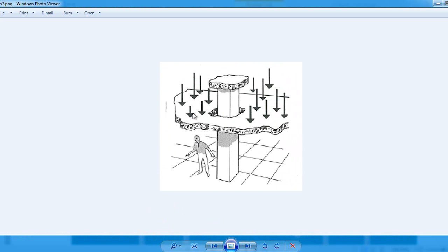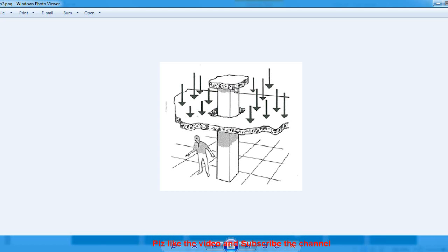The column stands at its own place, so the slab is trying to move down, and you see that the column penetrates into the slab, and this head is just like a pyramid.